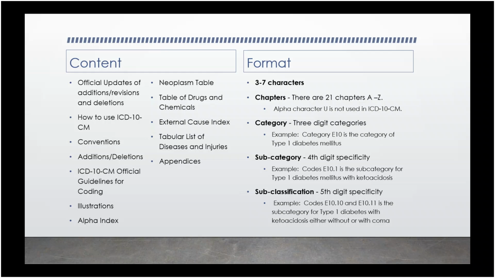So E10.1 is a subcategory of type 1 diabetes with ketoacidosis, and subclassification is the 5th digit, so it gets more specific. So then it breaks down the E10, either 10 or 11, with or without a coma for a diabetic one with ketoacidosis.